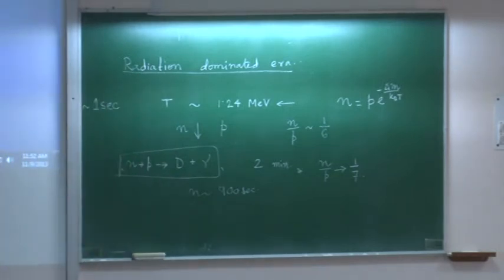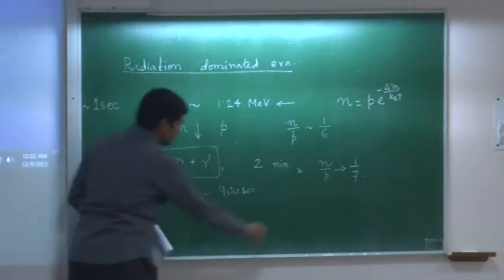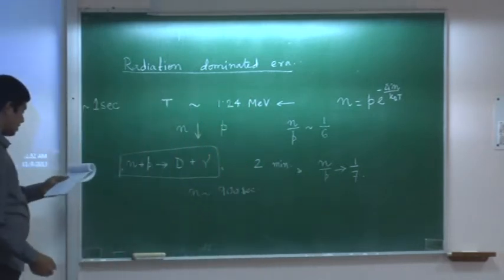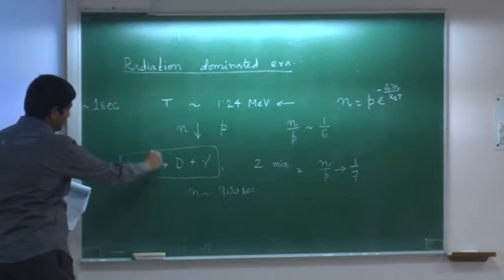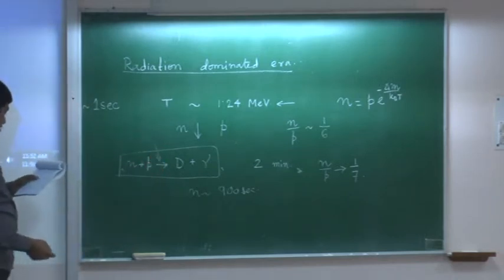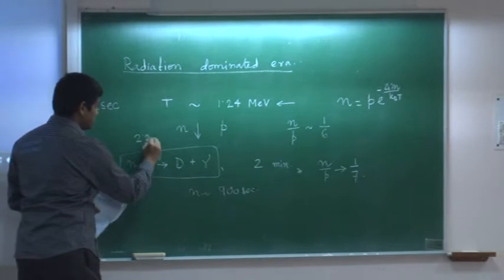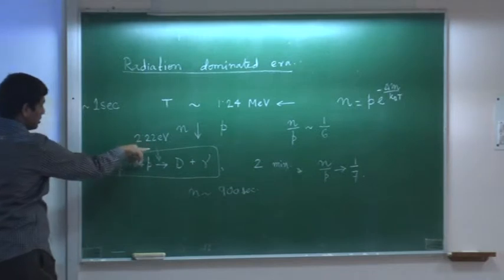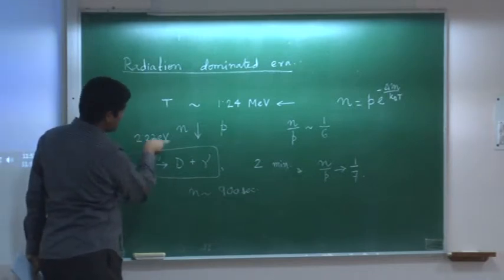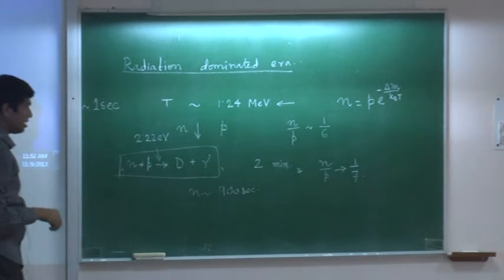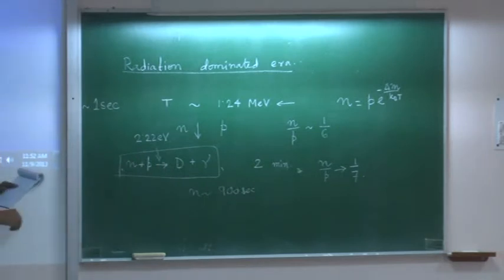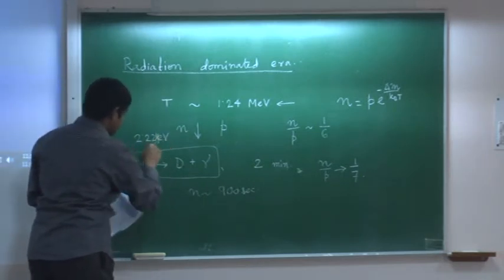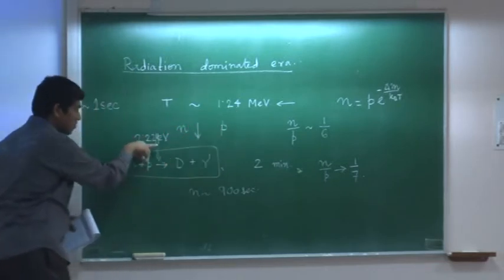Okay, so we have created deuterium, and the neutron to proton ratio is now 1/7. If you ask what is the Q value or the binding energy of deuterium, it's 2.22 MeV, and if you calculate what temperature it would have happened at, you will see this is more than 1.24 MeV. This is more than that, so this should have happened earlier.